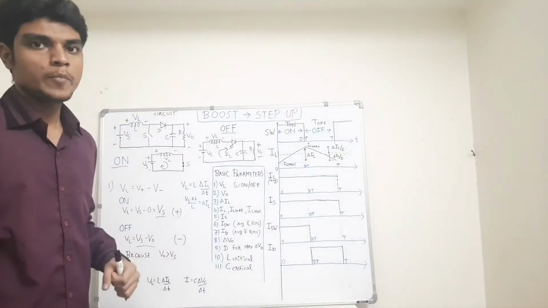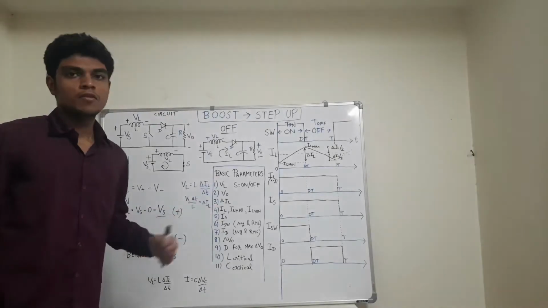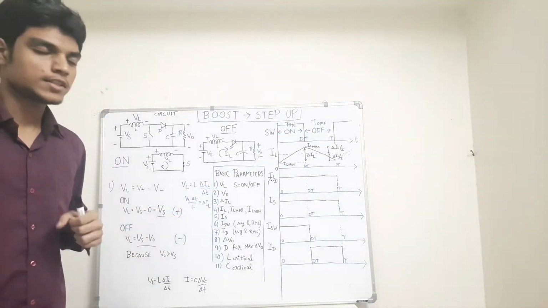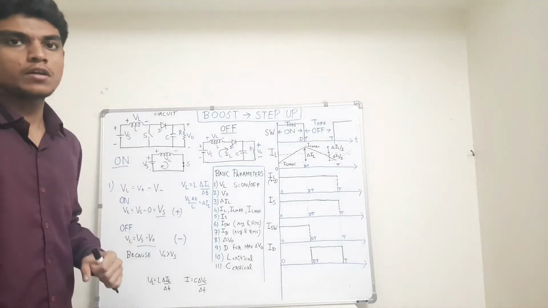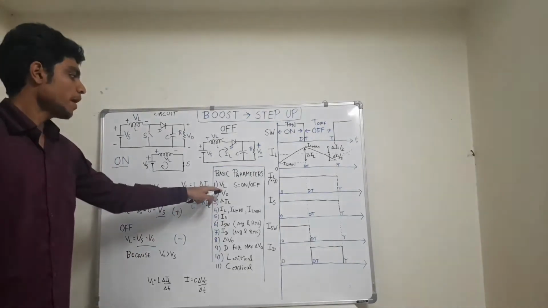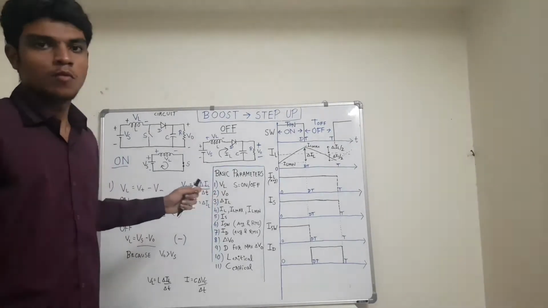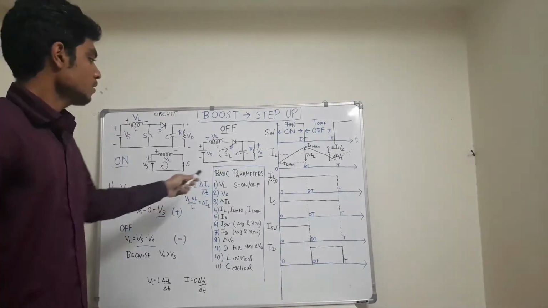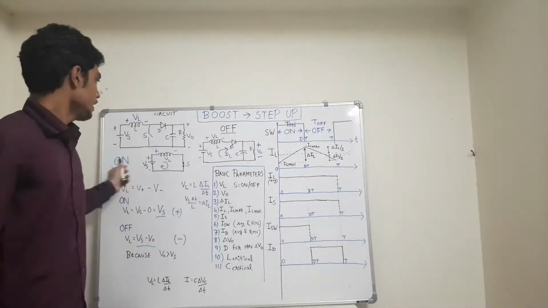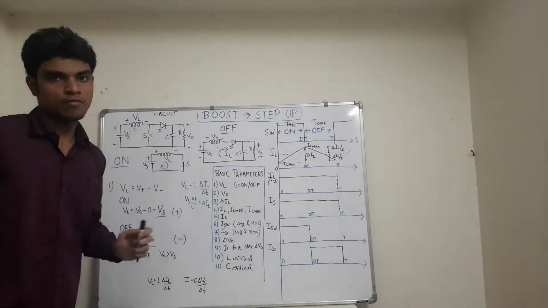So let's see the basic parameters from which GATE and ESE questions are asked, and it will help us to understand the boost converter completely. So the first parameter is VL, the voltage across the inductor during switch on and during switch off.